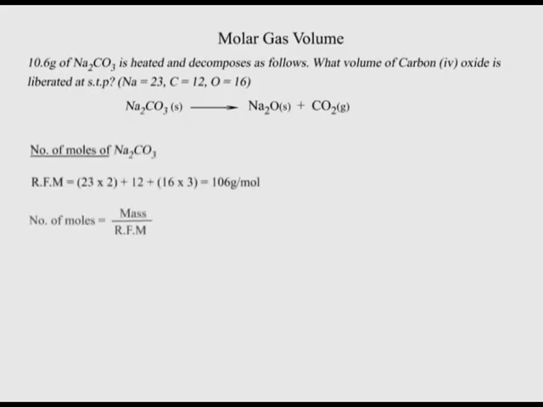That is given by mass over the relative formula mass, which is 10.6 divided by 106. That gives us 0.1 moles. From the equation, we can get the mole ratio of sodium carbonate to carbon dioxide. That is equal to 1:1. And so the moles of carbon dioxide produced is also 0.1.